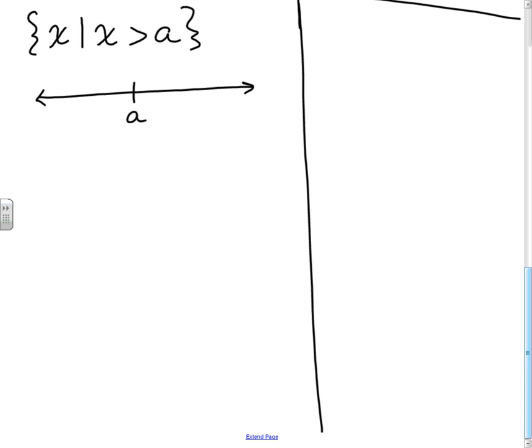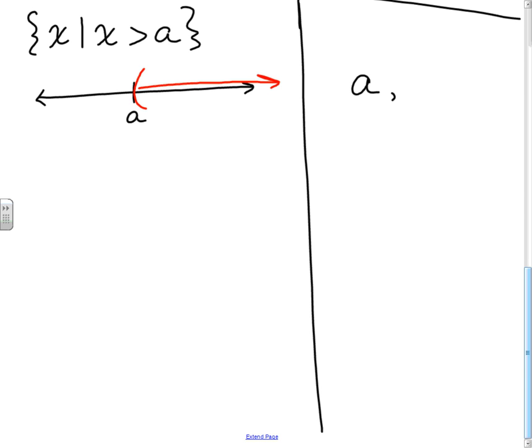And we want to show all values that are greater than A, but not including A. Those will be to the right of A. So when you graph, you just put an arrow to the right, to indicate all values of x that are greater than A.